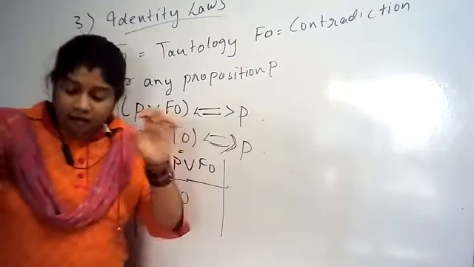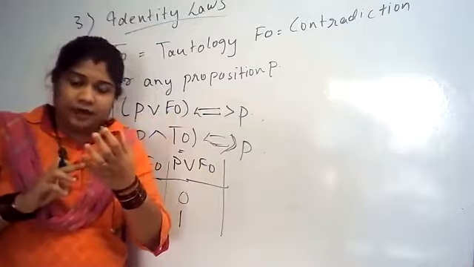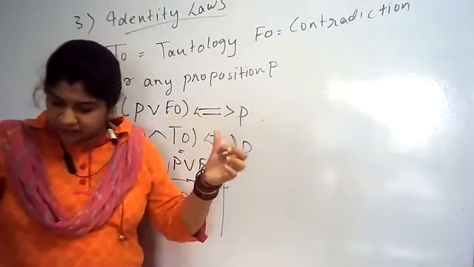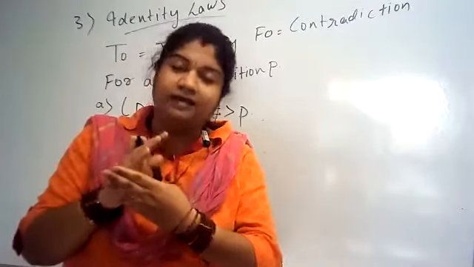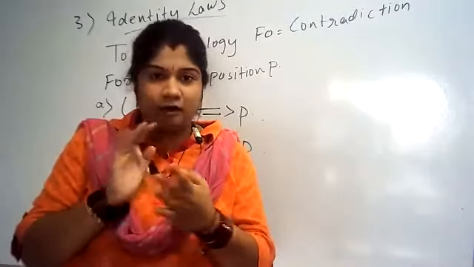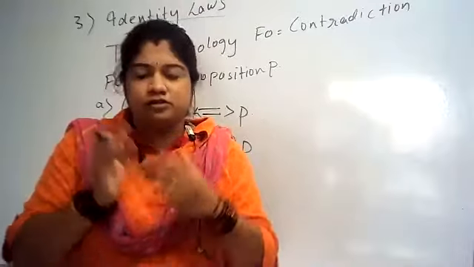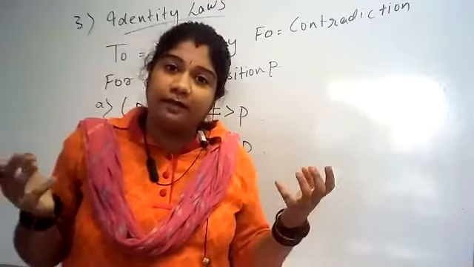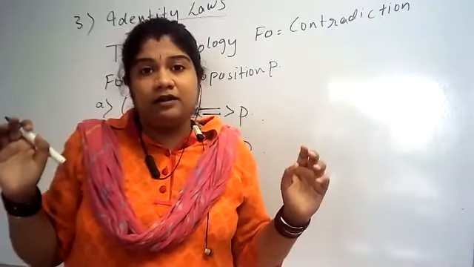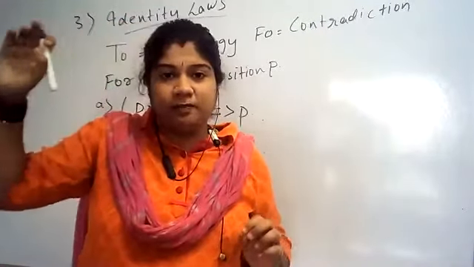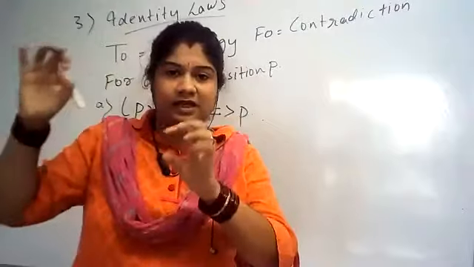That is what I said. The laws idempotent, identity, inverse and domination, these four laws are confusing. You have to remember a bit carefully, where to put F0, where to put T0, it is not clear each time. Identity law means P disjunction P is equal to P and P conjunction P is equal to P?